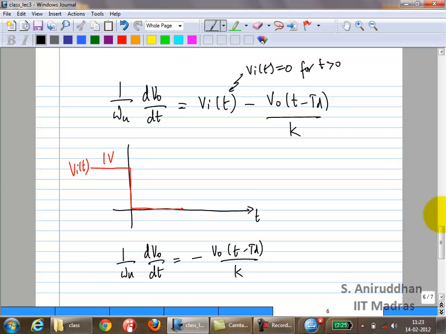Actually, you're right, of course you can solve this. But have you solved these kinds of differential equations in high school or in the first year? How many courses of mathematics do you take? Four courses, right? One of them must have been linear differential equations.